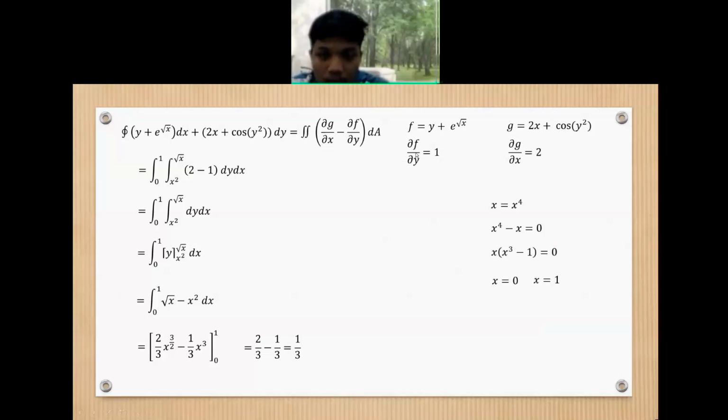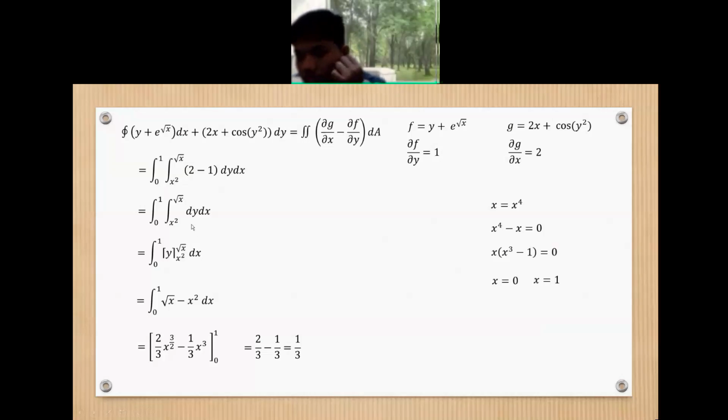So we find ∂f/∂y is equal to 1, and ∂g/∂x is equal to 2. So we substitute the value into the general formula, and we got 2 minus 1, and my dA is dy dx. My y limit is from x squared to sqrt x, and my x limit is from 0 to 1.